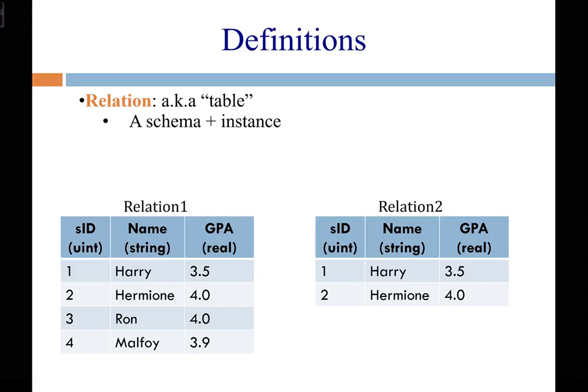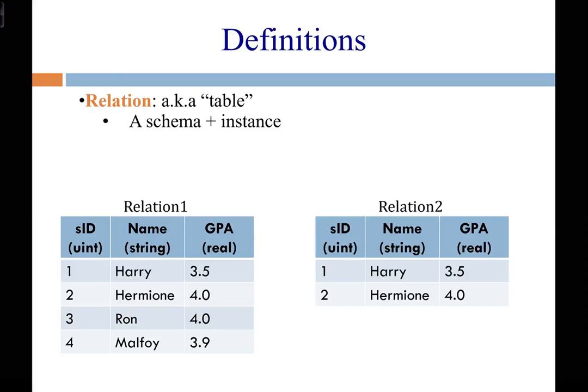I might start with the table on the left, do some operation to it that results in the temporary table on the right. Or it might even be relation 1 turns into relation 2 after deleting a couple of rows. So this could be a permanent change to relation 1, or relation 2 could be a temporary thing that I use to answer some other question.